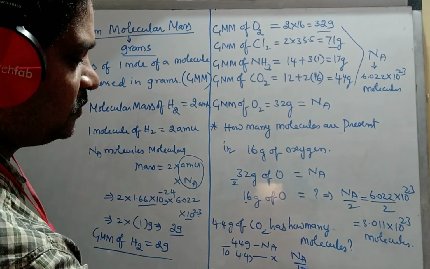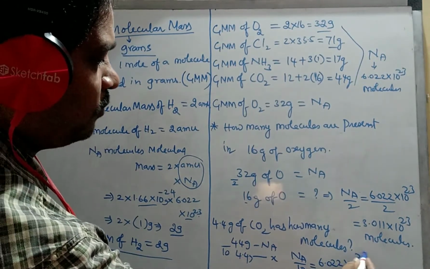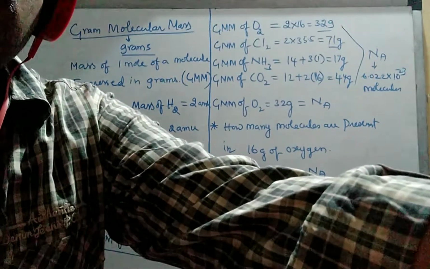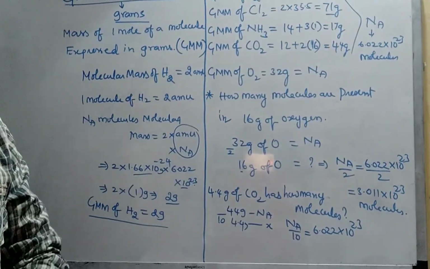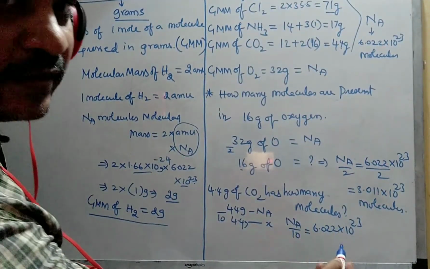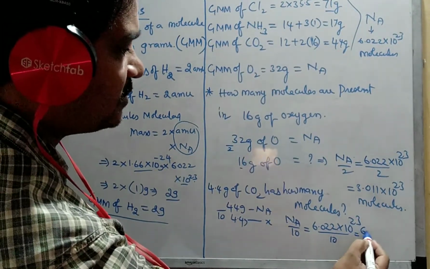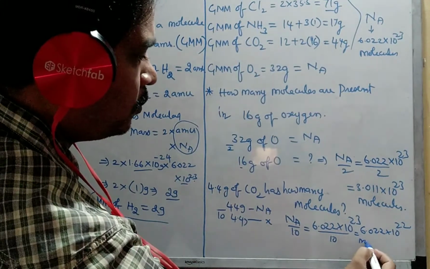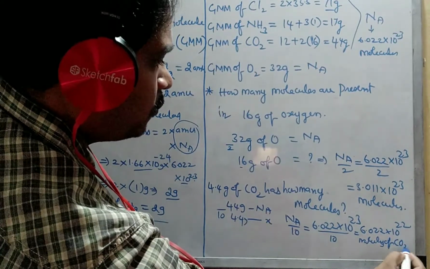So 6.022 into 10 power 23 by 10. What will we get? 6.022 into 10 power 22 molecules of CO2.